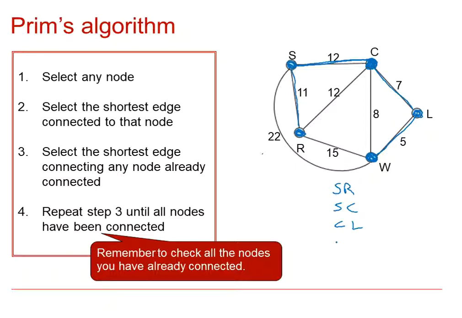So that's WL. So we had an 11, a 12, a 7 and a 5. So the minimum spanning tree is 35 units long. That solution isn't unique. For example, I could have used the other 12 instead of that 12, but it will be an optimum solution.